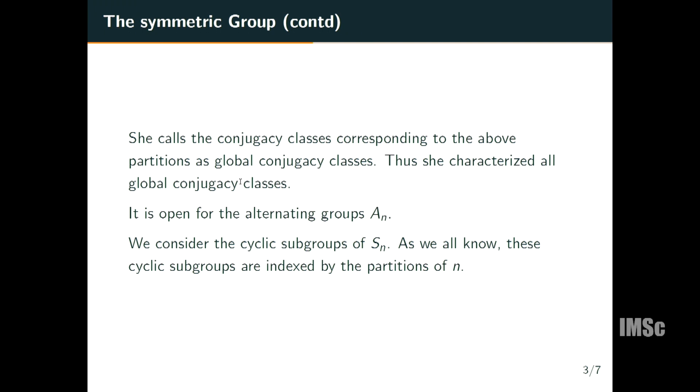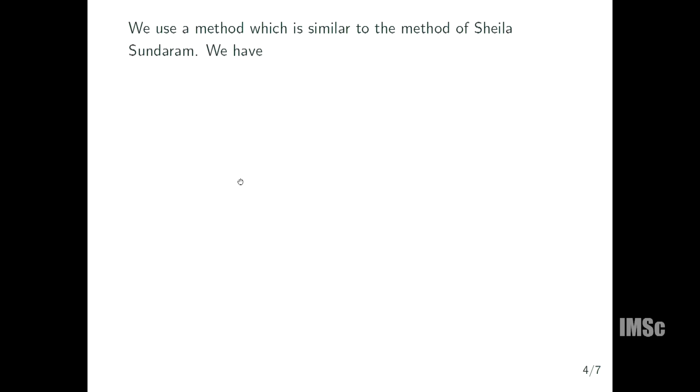So let me talk about what we have done on the symmetric group. We have considered all cyclic subgroups of S_n, and we try to determine which cyclic subgroups of S_n are monomial subgroups. We use a method of Sheila Sundaram and some induction.